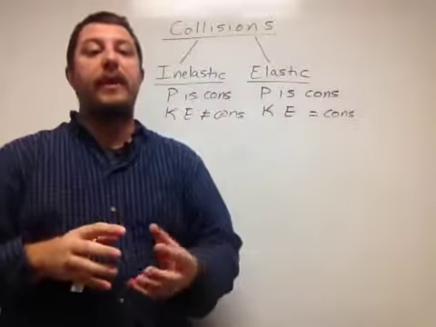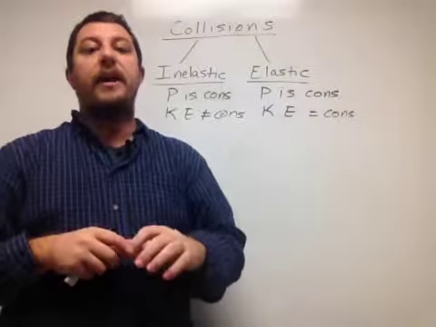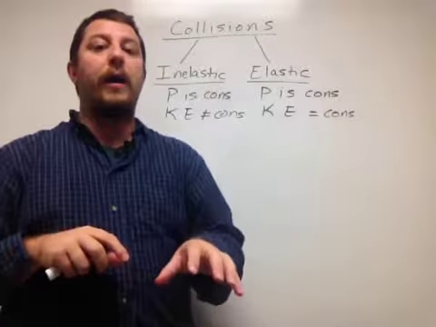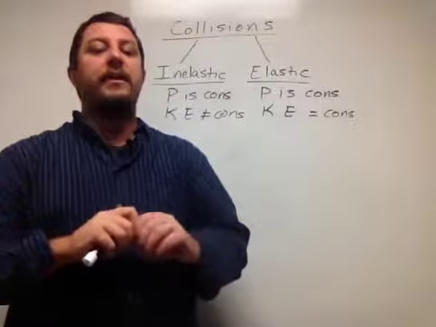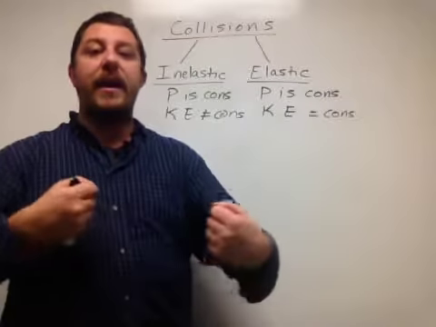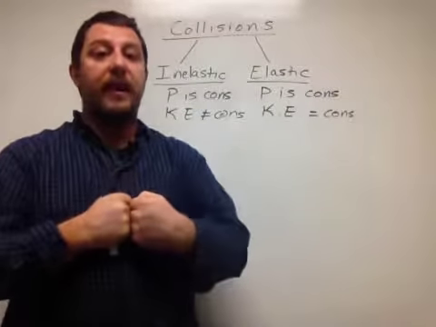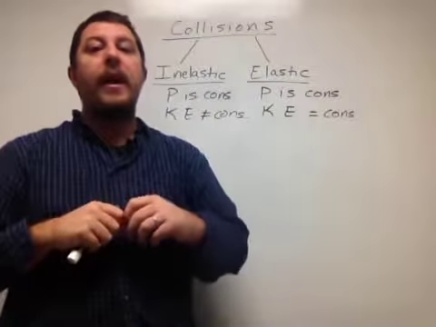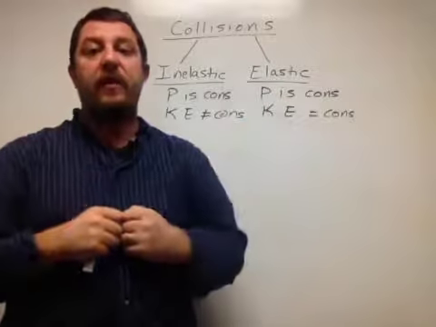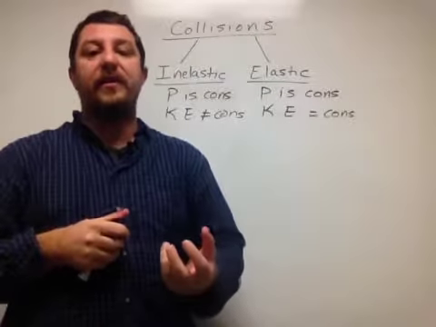Now this can get complicated, because you're dealing with potentially two objects, and we're going to restrict our discussion to two objects. You essentially have two objects that may have their own initial velocities, so they may be moving in different directions. And then when they bounce off of each other, they're also both going to be moving in different directions.